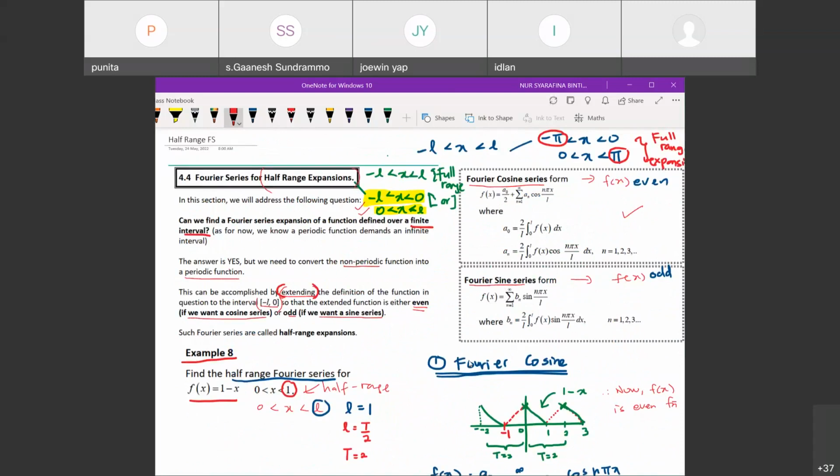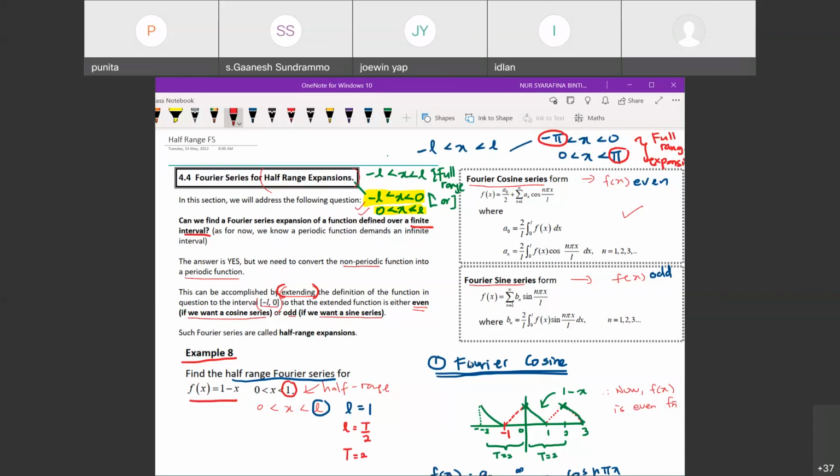All right, the function is given, and you have to know that the function is actually not a periodic function. So how come we obtain the Fourier series? We have to have the periodic function. How can we obtain the periodic function? By extending the graph.